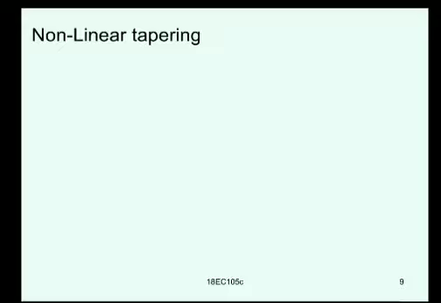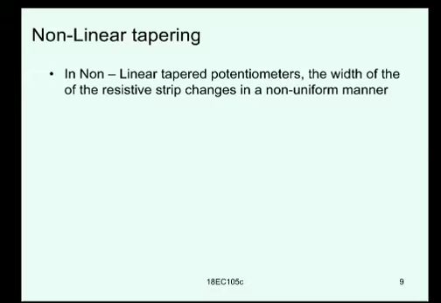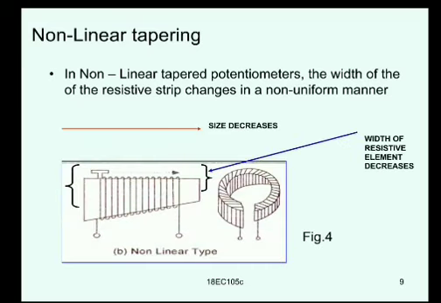Now let us see the non-linear tapering. In non-linear tapered potentiometers, the width of the resistive element changes in a non-uniform manner. Here we can see the size goes on decreasing as you move from left to right.